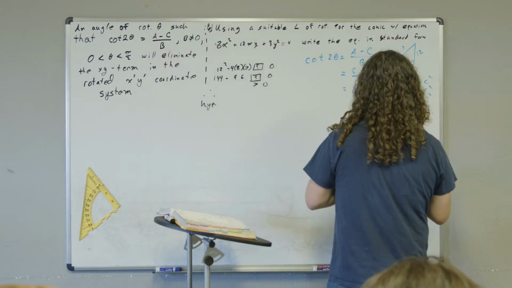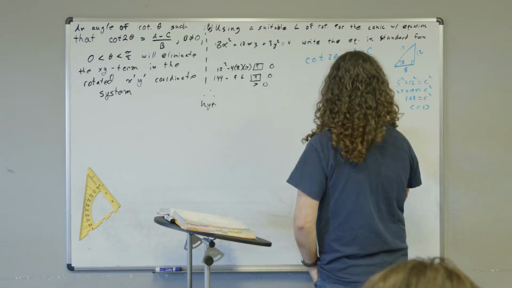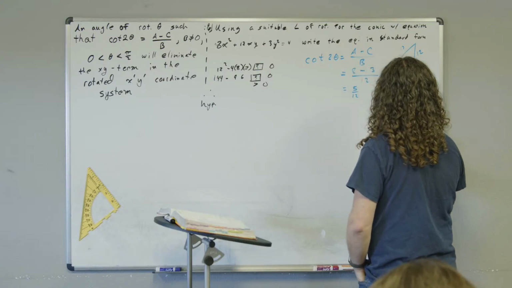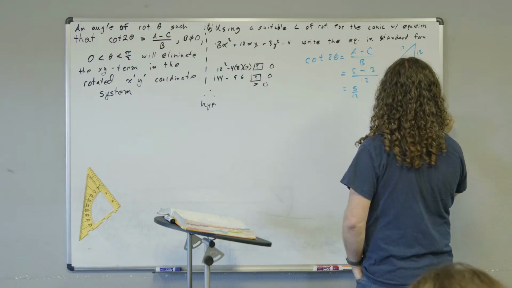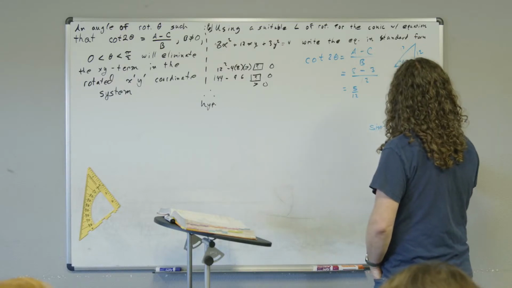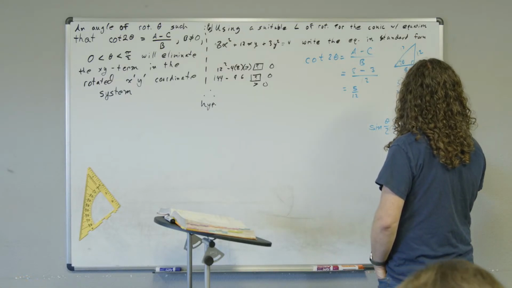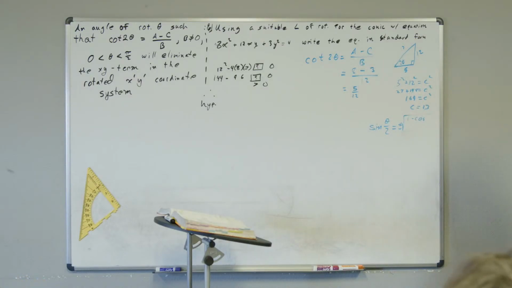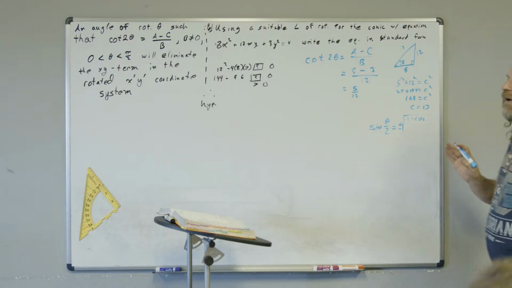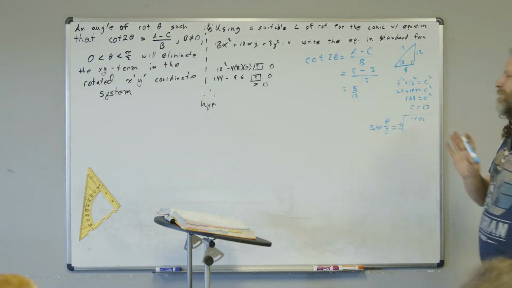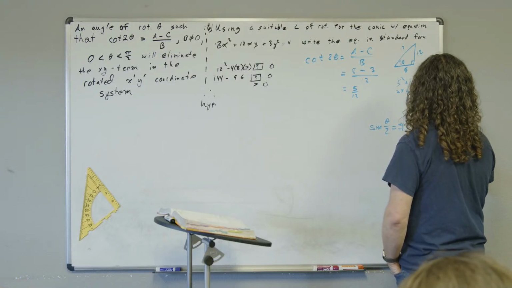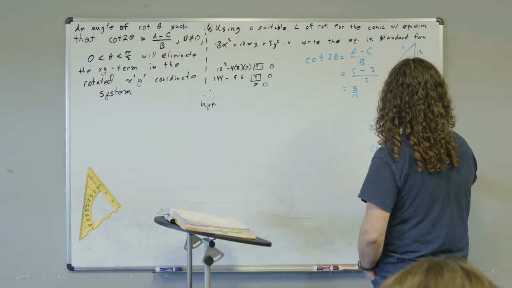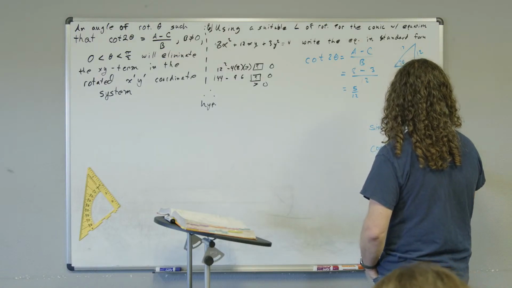Sine of theta over 2 equals plus or minus the square root of 1 minus cosine theta, over 2. And the cosine of theta over 2 equals plus or minus, same thing but with a plus, right?